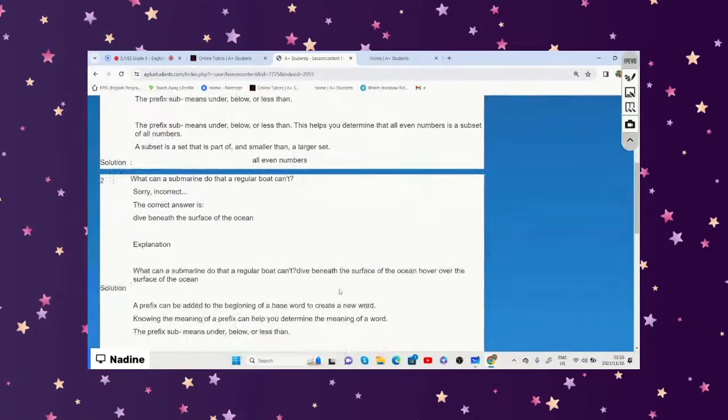What can a submarine do that a regular boat cannot do?